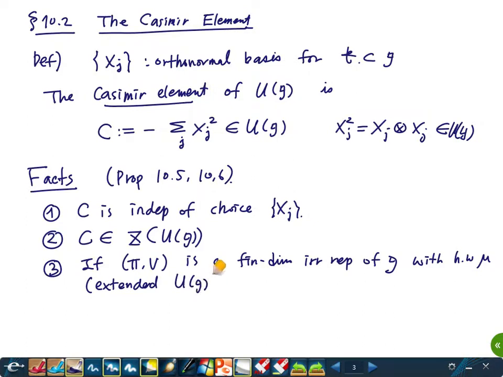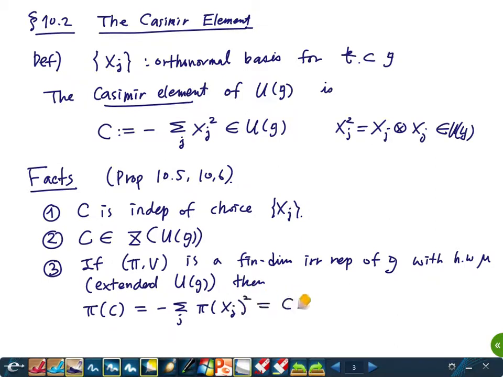So we will think of this as a representation of UG. Then, because now it's a representation of UG, we can apply this C. Then this is by definition the sum of xj squared.